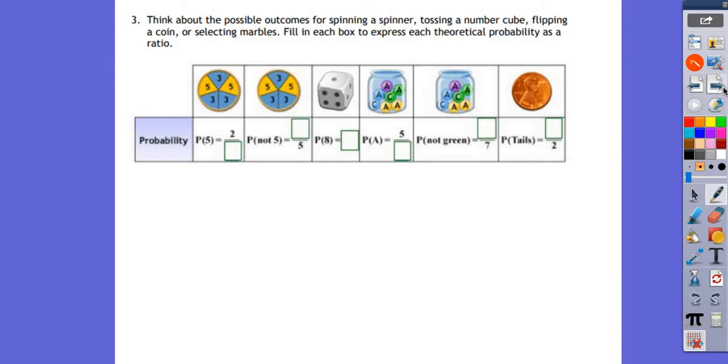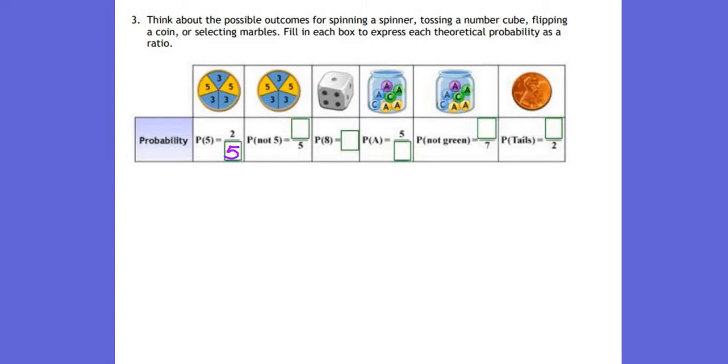It says there's going to be 2 out of how many? 5 spaces. Then I'm looking at the probability of not 5. How many are not 5? 3 out of a total of 5.